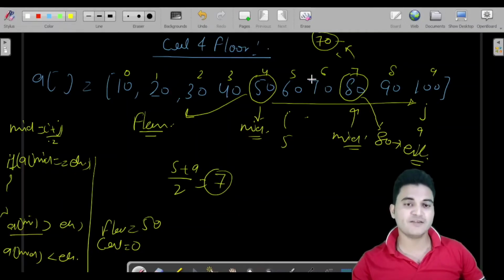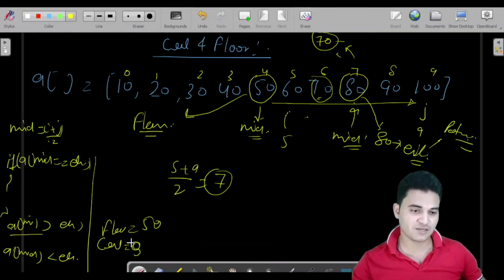Because there might be a chance that you get 70 as the element for which you are searching, then obviously 80 is going to be the ceil. That is why we are considering 80 as a potential ceil, not the exact ceil. Fine. So we got our potential ceil as 80. Our potential floor is 50, potential ceil is 80.